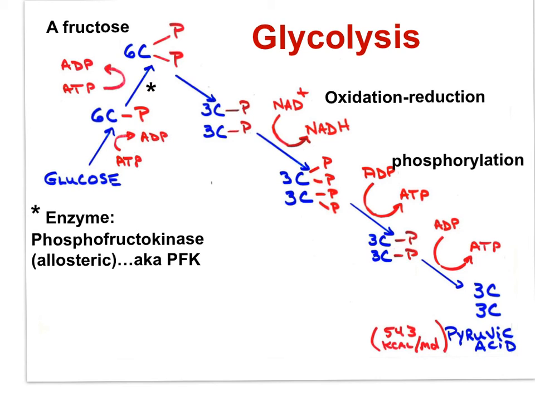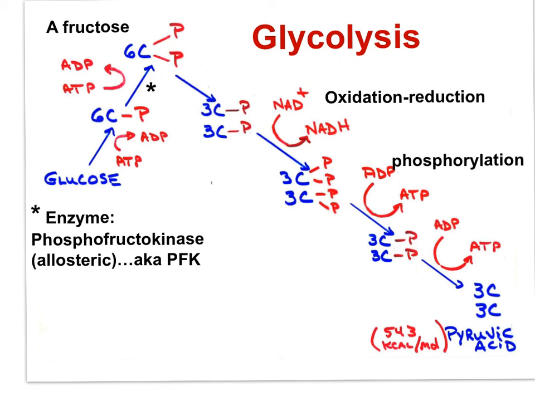Glucose is energized with phosphate groups at the expense of ATP. Then the phosphorylated glucose is broken down in a controlled series of reactions that produce some ATP. Molecules of NADH are also formed.